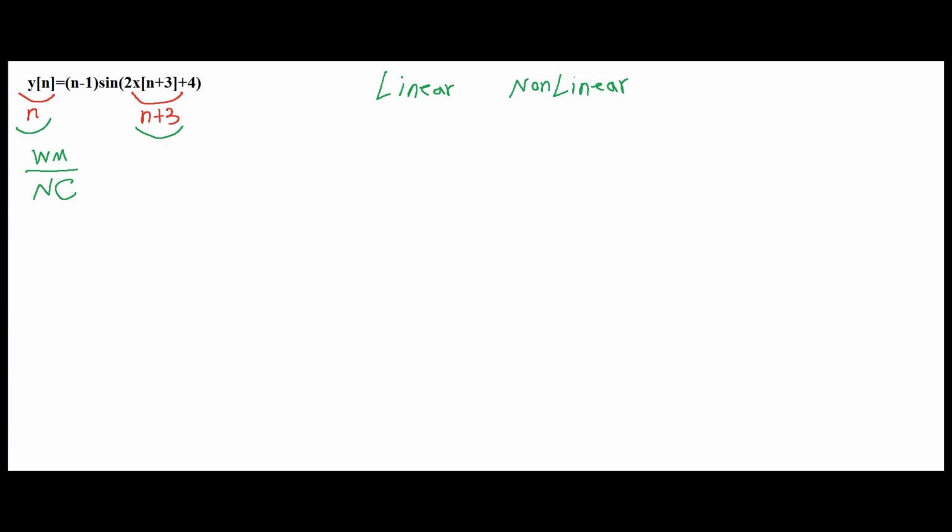Now we move to the next property, which is linearity or non-linearity. To determine whether the system is linear or not, we proceed as follows. First, we replace x[n] with a specific input, say x1[n], and we call the output y1[n].